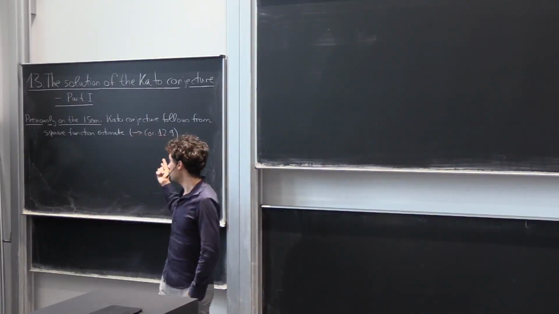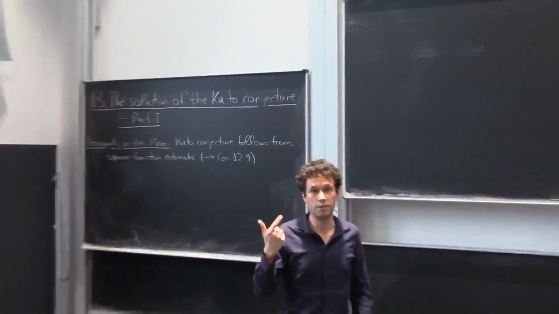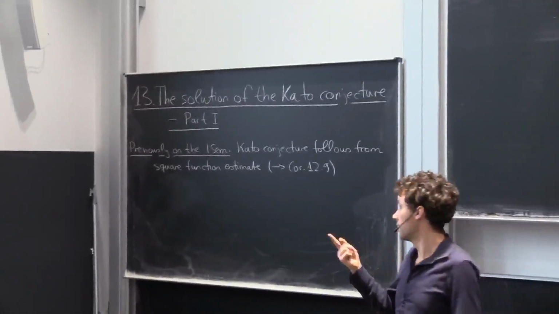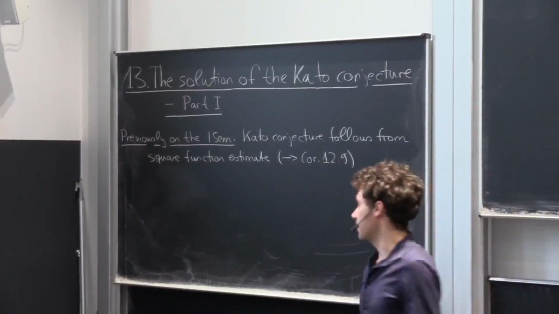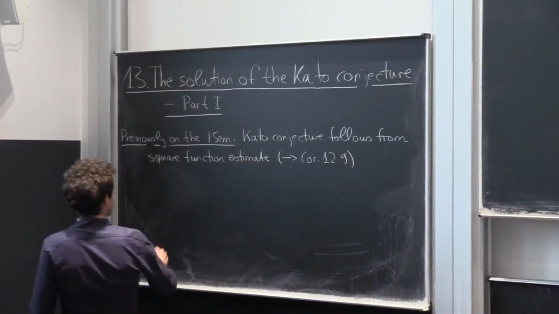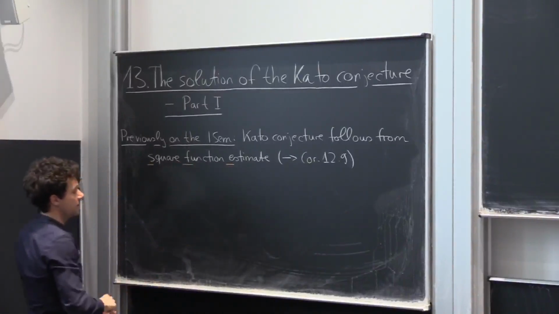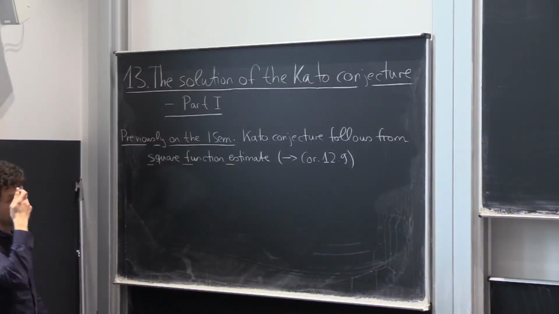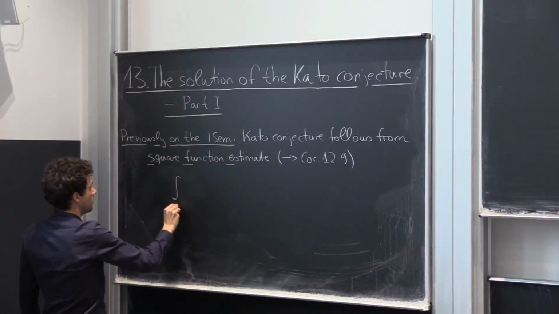And what Sylvie showed you is that the Kato conjecture can be reduced to proving a square function estimate. In the following lectures, and also today, there's going to be a lot of square function estimates, so I'm going to call them SFE. The particular square function estimate that you have to prove to solve the Kato conjecture is the following.